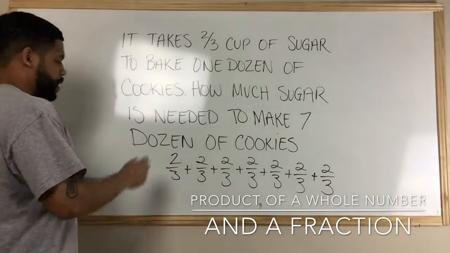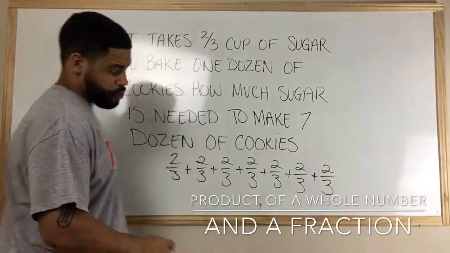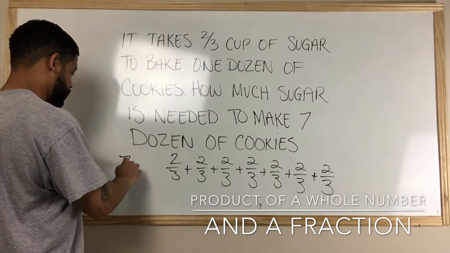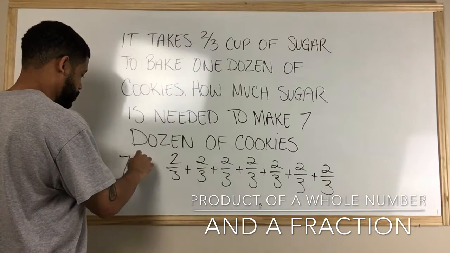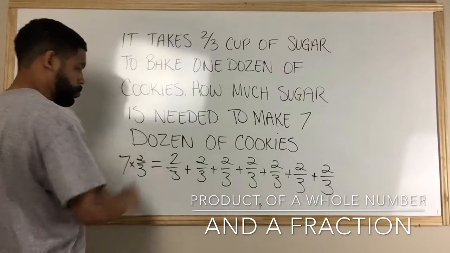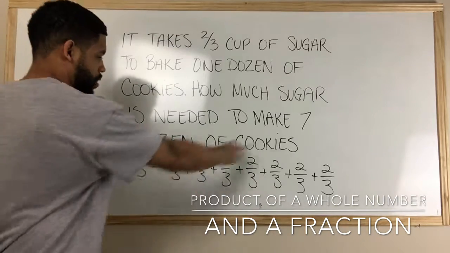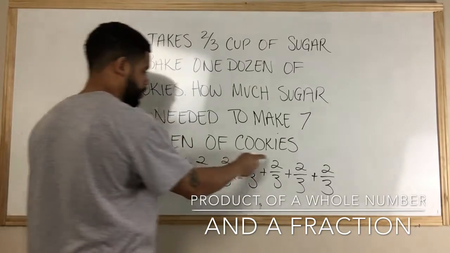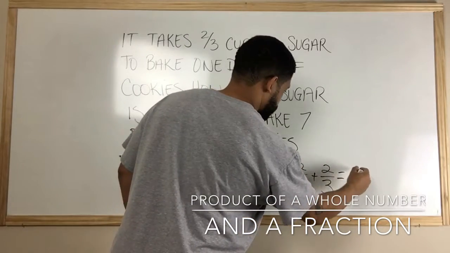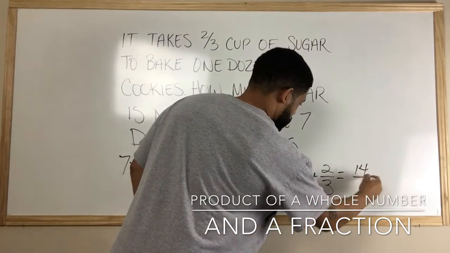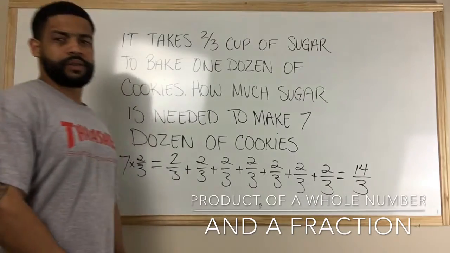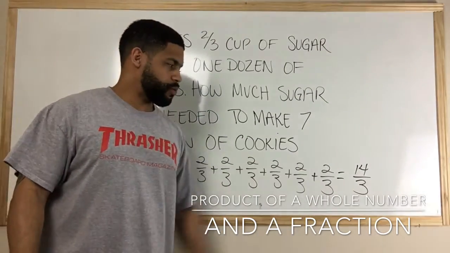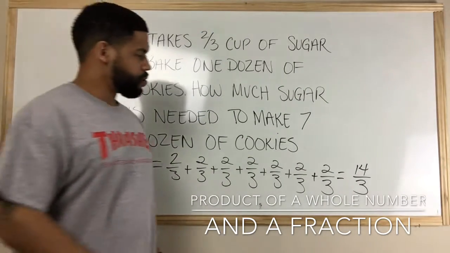In actuality, what we want to do is 7 times 2/3, right? If we add up all the 2's, 2, 4, 6, 8, 10, 12, 14, that equals 14/3. Now we know that there are several ways we can write the 14/3.